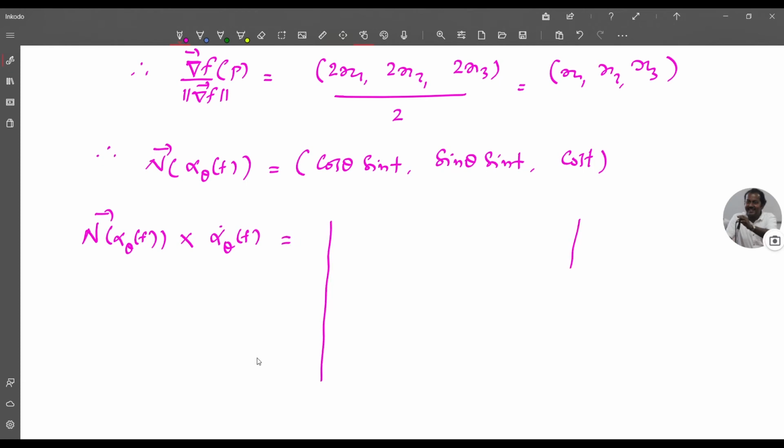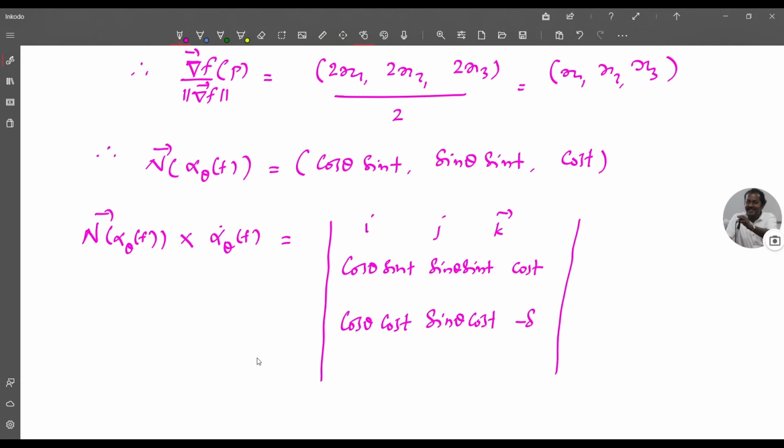Therefore, n of alpha theta of t cross alpha theta dot of t is equal to the determinant with rows i j k; n of alpha theta of t, which is cos theta sin t, sin theta sin t, cos t; and the derivative of alpha theta of t, which is cos theta cos t, sin theta cos t, minus sin t. This you already know.